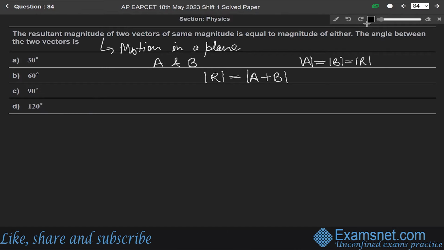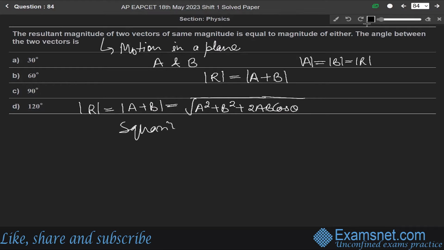Now, we know that the addition formula for any two vectors, A plus B, means modulus of R, is equal to under root of A square plus B square plus 2AB cos theta. Okay, so now squaring both sides, we get R square equals A square plus B square plus 2AB cos theta.